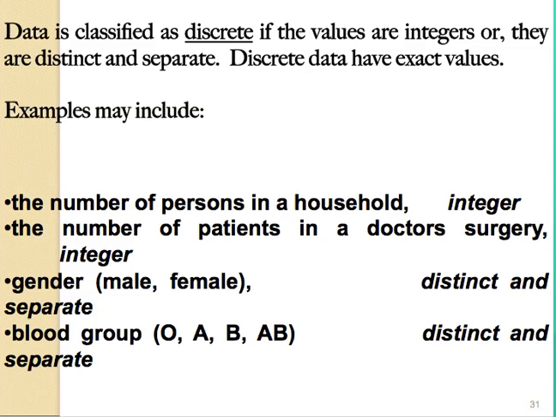Another way of looking at discrete data when we are talking about quantitative data: if it is countable, if it's something that you're counting, then that's an easy way to look at it as being discrete. The number of persons in a household, that's something you would count. The number of patients in a doctor's surgery, that's something you will count. All right, so that's discrete.